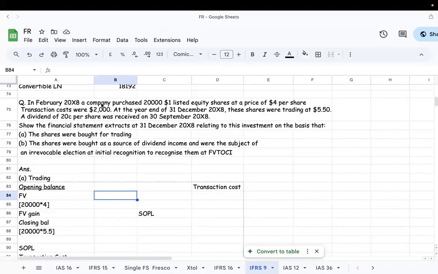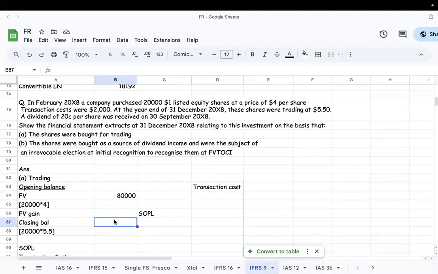It was in February 2008 that you bought the asset, and at that time it had a price of 4 per share. So you're not going to take 20,000 into 1, you're going to take 20,000 into 4. So 80,000.